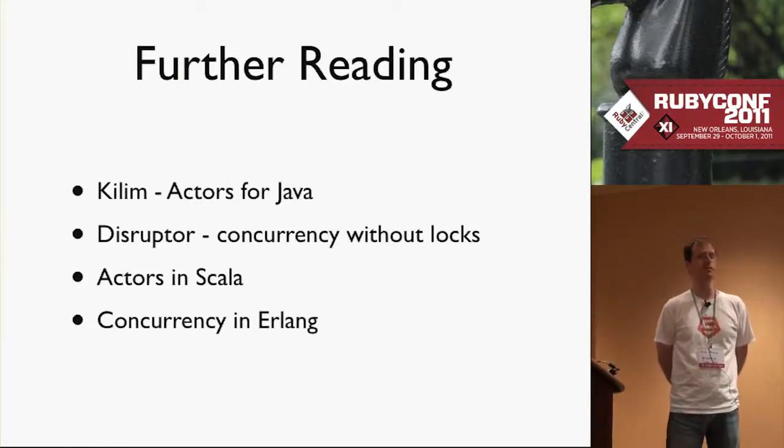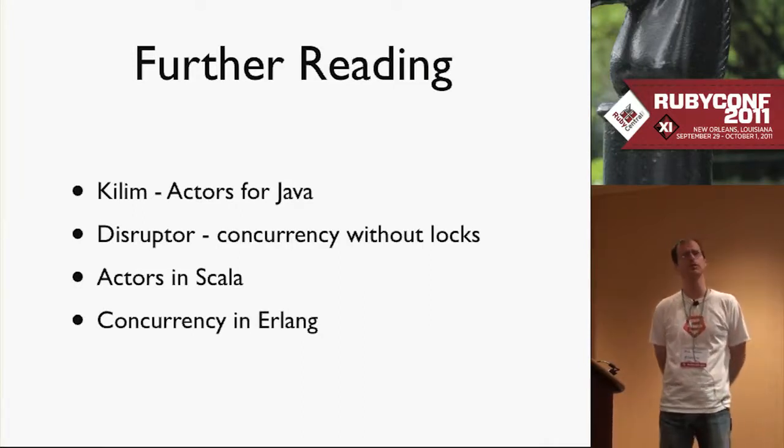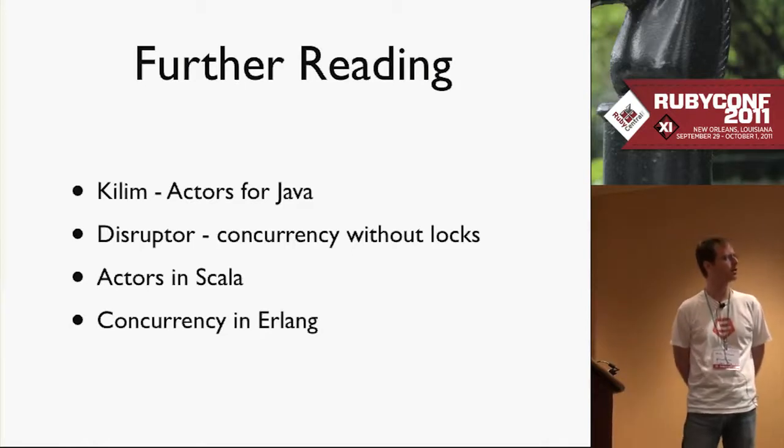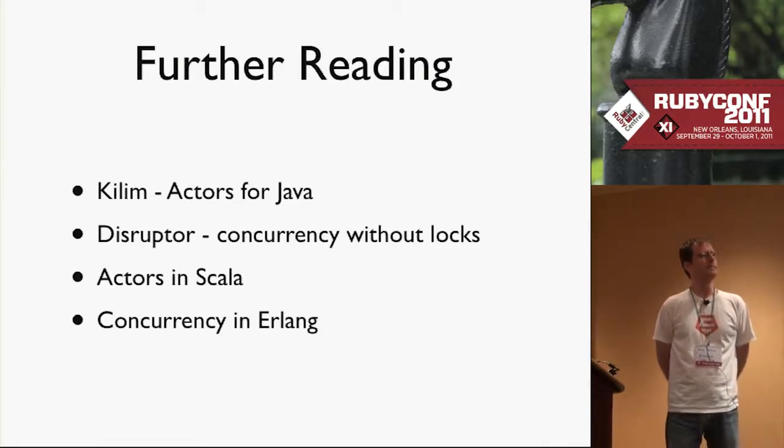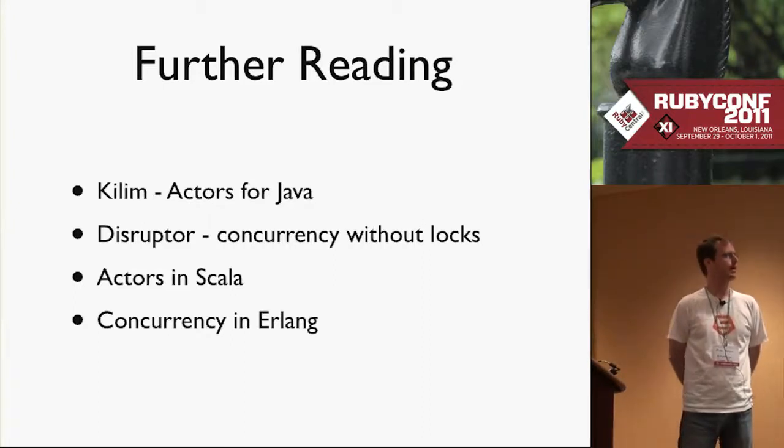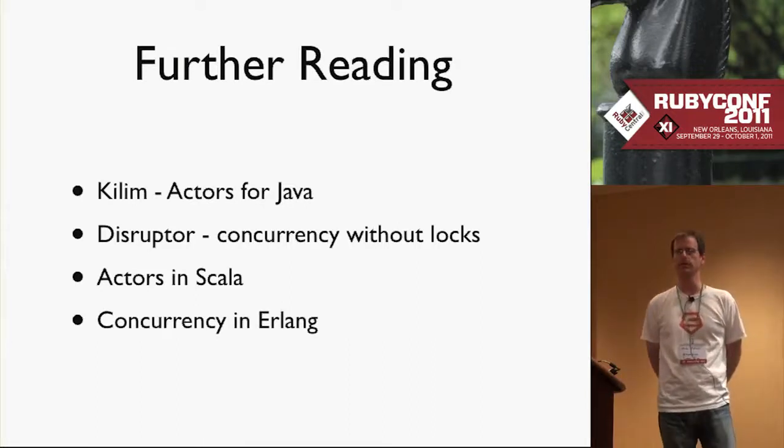Disruptor is a really interesting project where this team that was building a trading exchange program was getting about 50,000 operations per second, and they decided that that wasn't nearly good enough.